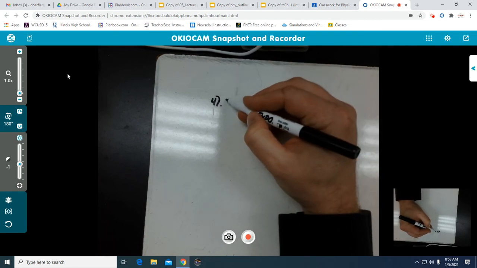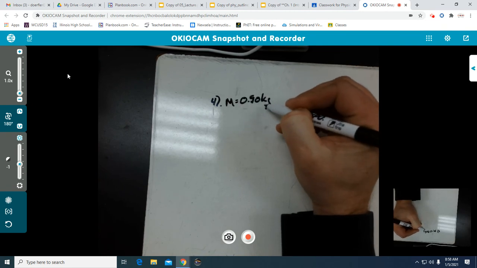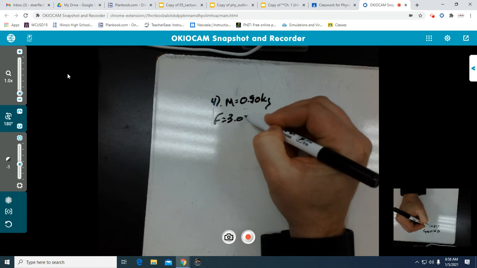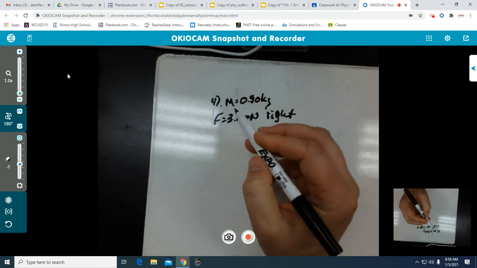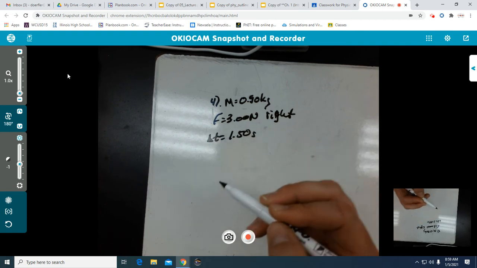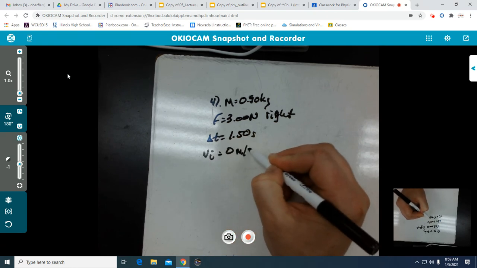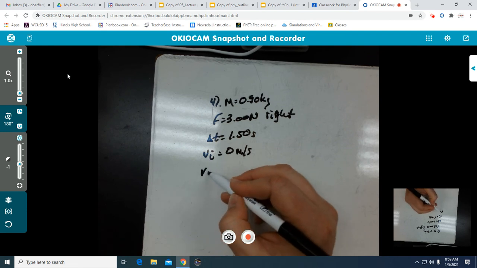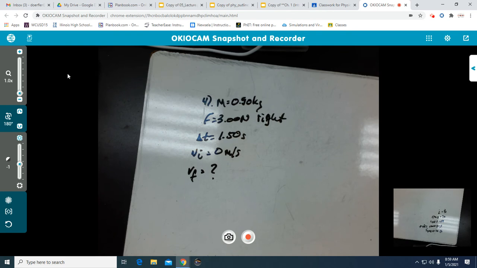So we know the mass is equal to 0.50 kilogram. We know that the force is 3.00 newtons to the right. We know that the time interval is 1.50 seconds. We know that the initial velocity is 0 meters per second because it said it starts at rest. And what we need to figure out is the final velocity once all this is done.